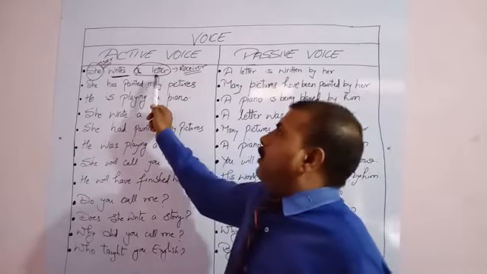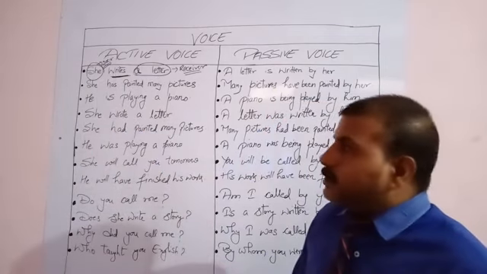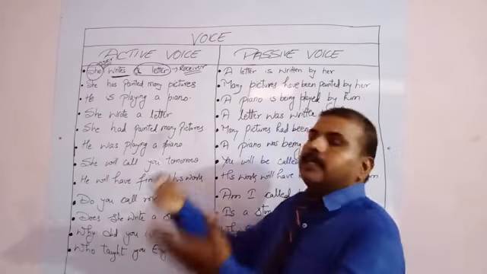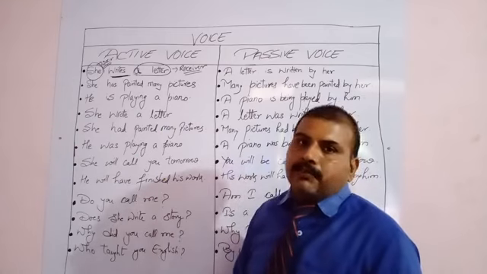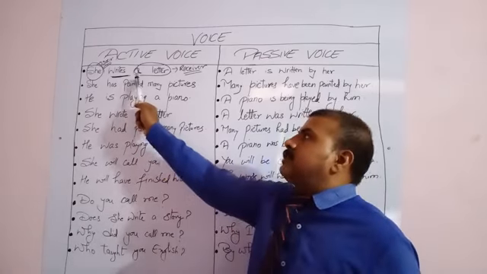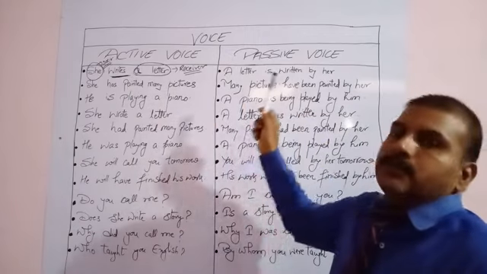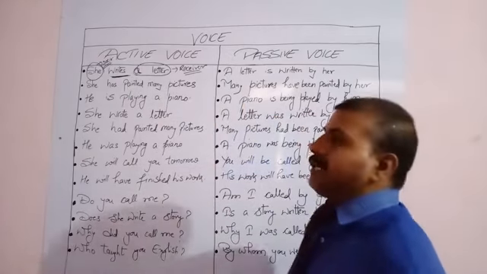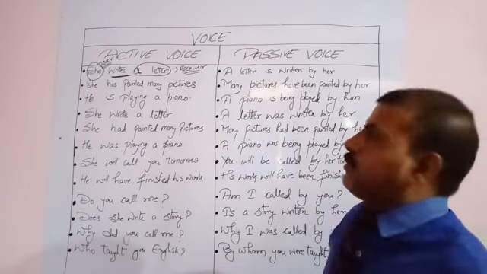Also, she writes a letter is an assertive sentence, meaning something is told in this sentence, and the tense is present indefinite. When we change this active voice to passive voice, we must make sure we do not change the tense or the type of sentence.